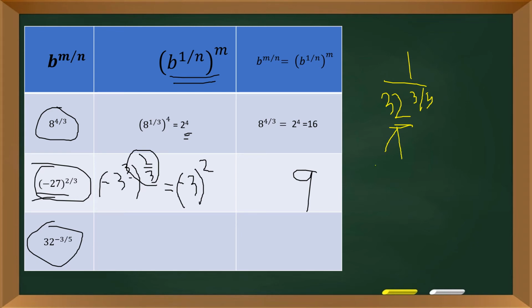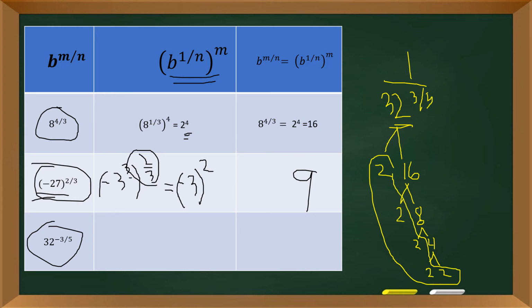So 32 is 2 times 16, while 16 is 2 times 8. And 8 is 2 times 4, while 4 is 2 times 2. So how many 2's are there? There are 5 2's.